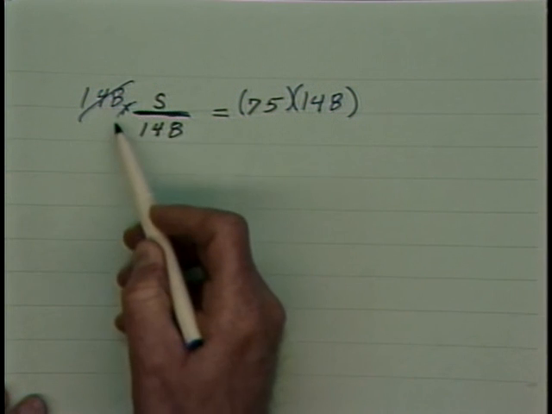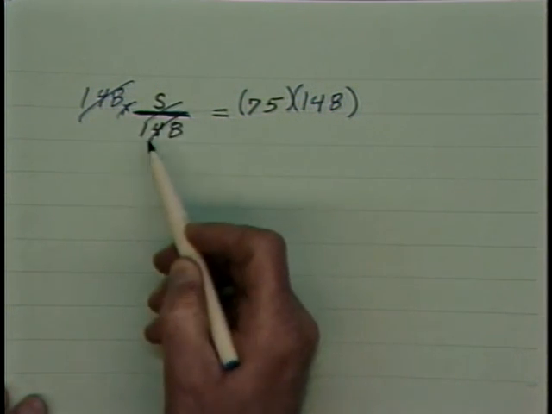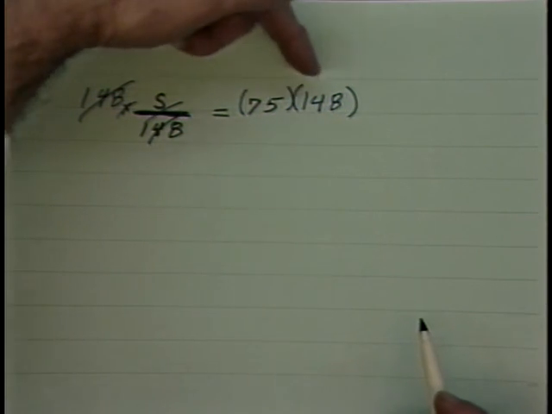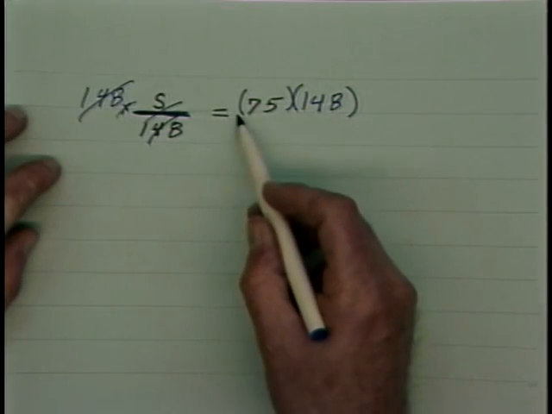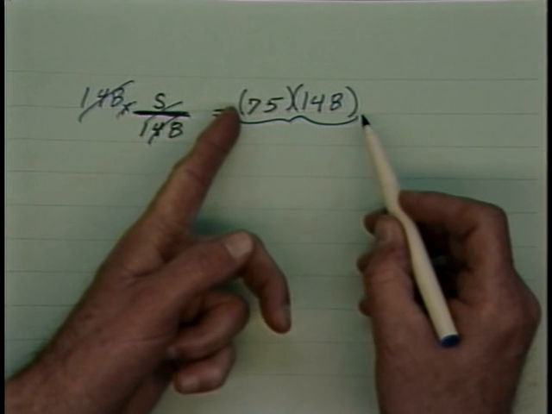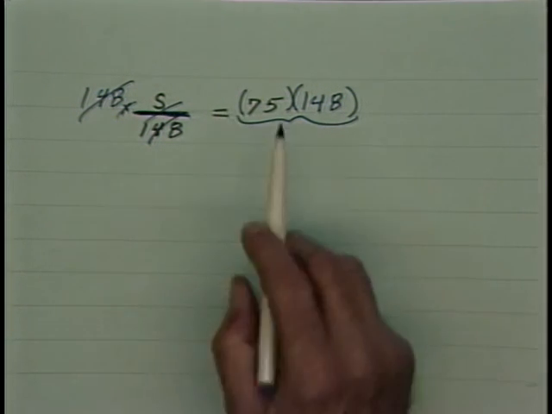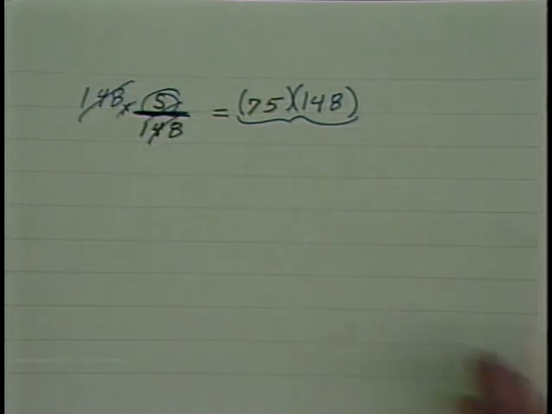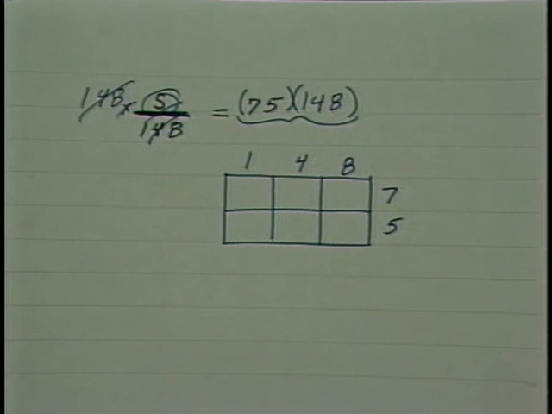Then this undoes this, and this says my S is 75 times 148. So in fact, my algebra sentence is now telling me what I must do to find the value of my variable. Isn't that simple? And if you wish, we even now have another way to go about our multiplication.